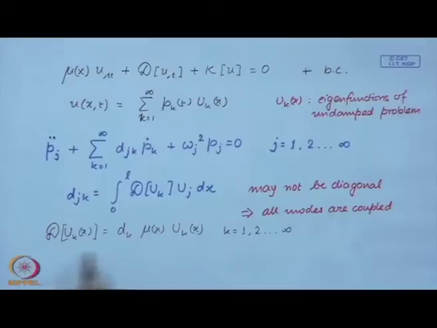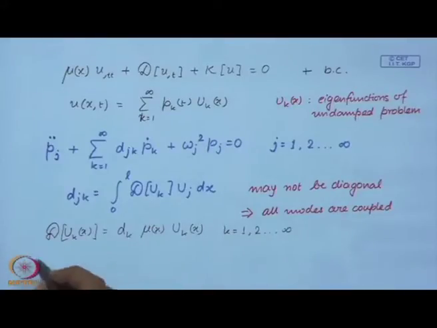So, for all eigenfunctions, if the operator operating on this eigenfunction gives this, in other words, u k is also an eigenfunction of the operator d, the damping operator, then the damping matrix is completely diagonal, as you can see from here.